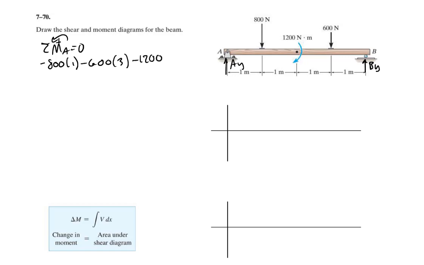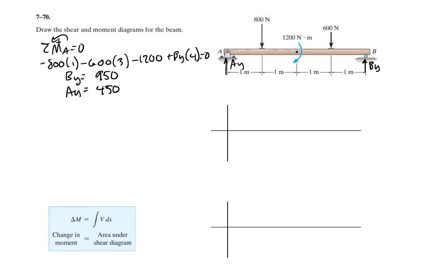We have to take that applied moment into account, plus BY times 4 is equal to 0, and I can solve that for BY is equal to 950, and then AY, sum of the forces in the Y, is equal to 0, so AY then is equal to 450.